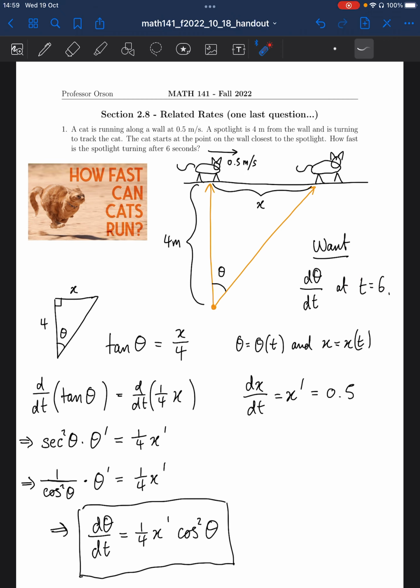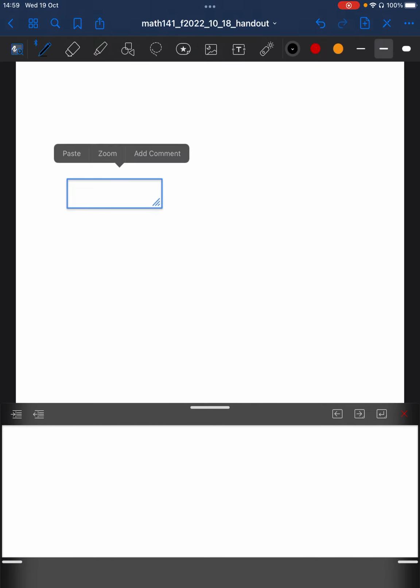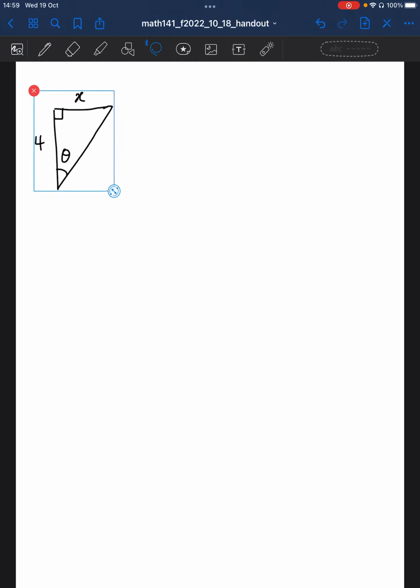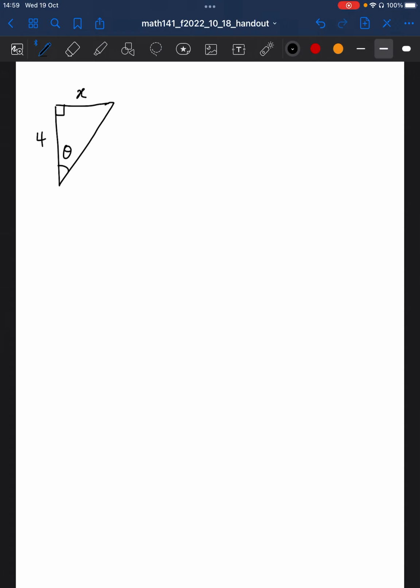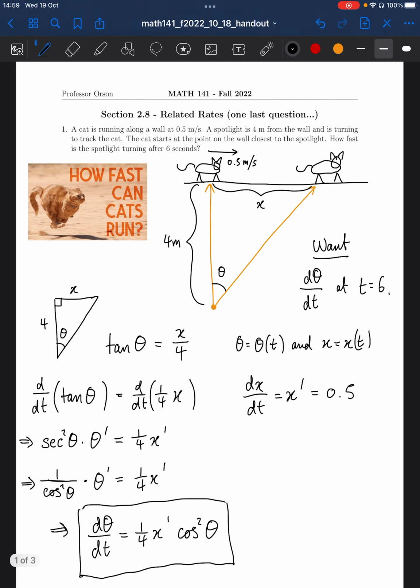Let's see. I'm going to take something to the next page. So let's see. Cosine theta at time 6. So we want to know cosine theta. Well, actually, let's take stock.